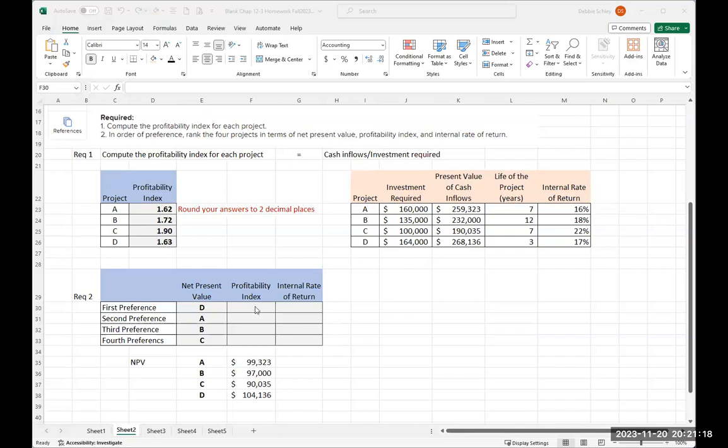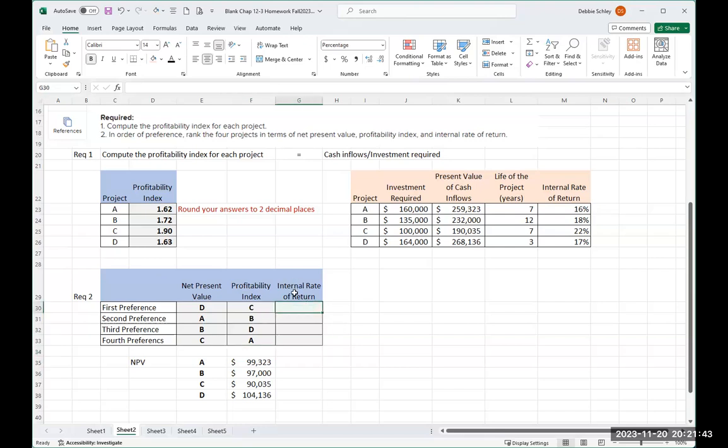So for mine, it's C. Whoops, I don't capitalize that so you can see it better. So it's C, and then my next highest is B, and my next highest is D, and the last one is A, right? Because 1.9, 1.72, 1.63, and then 1.62.